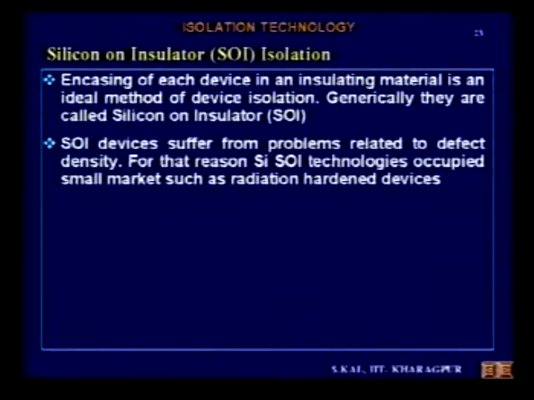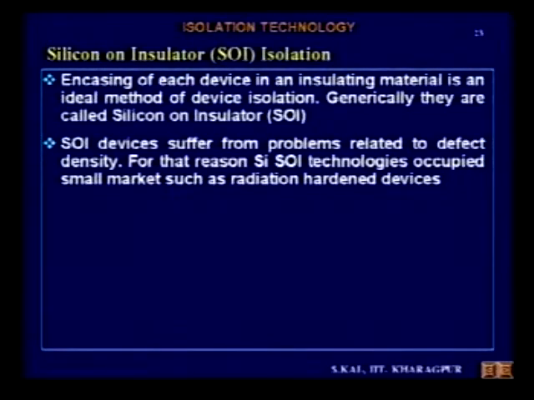SOI devices suffer from problems related to defect density. Why is SOI not popular? Why in VLSI is SOI isolation not much used, rather trench isolation or isoplanar low cost is used? The reason is the defect formation, defect density.